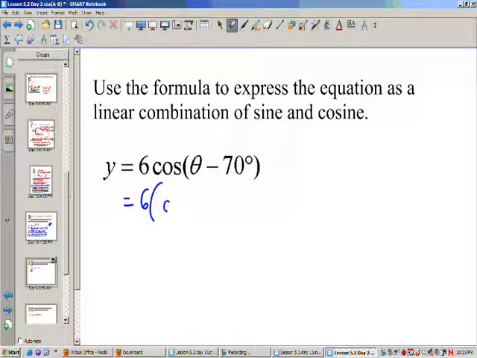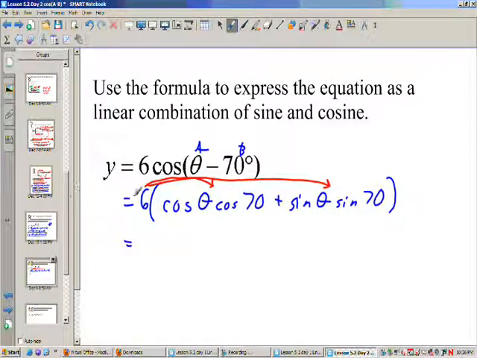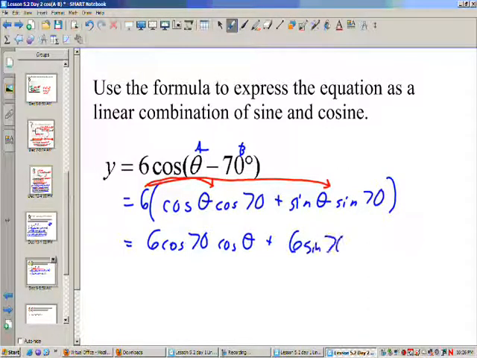Put a 6 on the outside. This is going to be cosine of A. Remember, this is your A, this is your B. Cosine of B plus sine of A, sine of B. So cosine 70, we don't know that. So what I can do is multiply that 6 over to each part. So I will multiply 6 times the cosine of 70 times the cosine of theta, and 6 times the sine of 70 times the sine of theta.